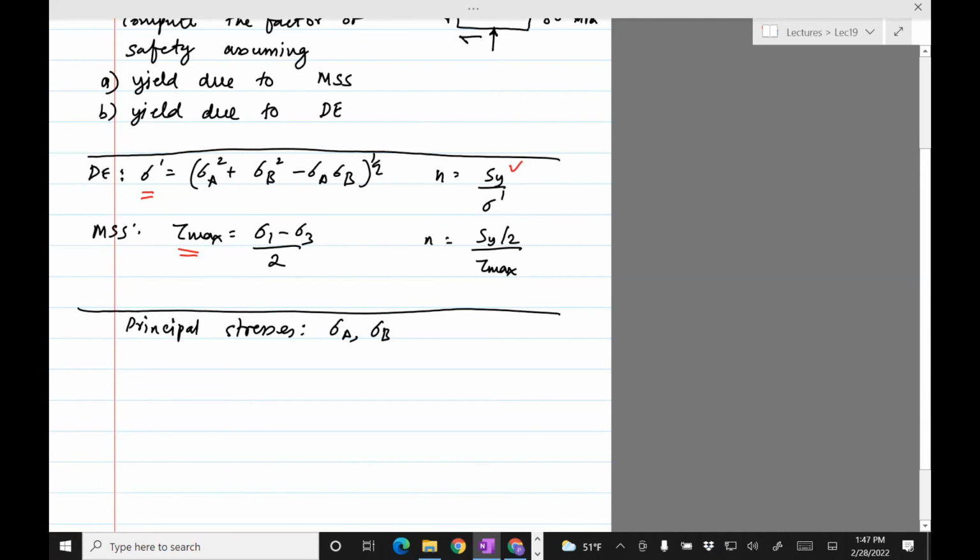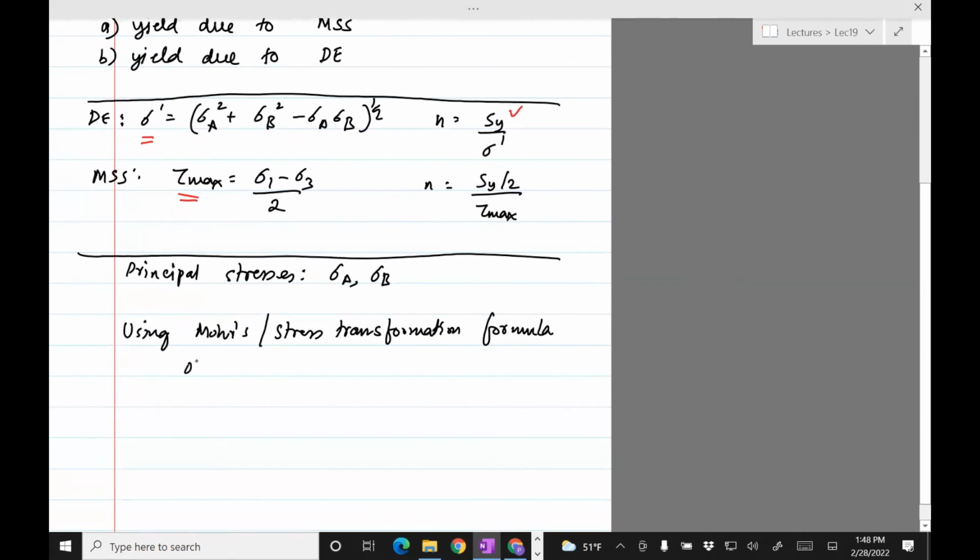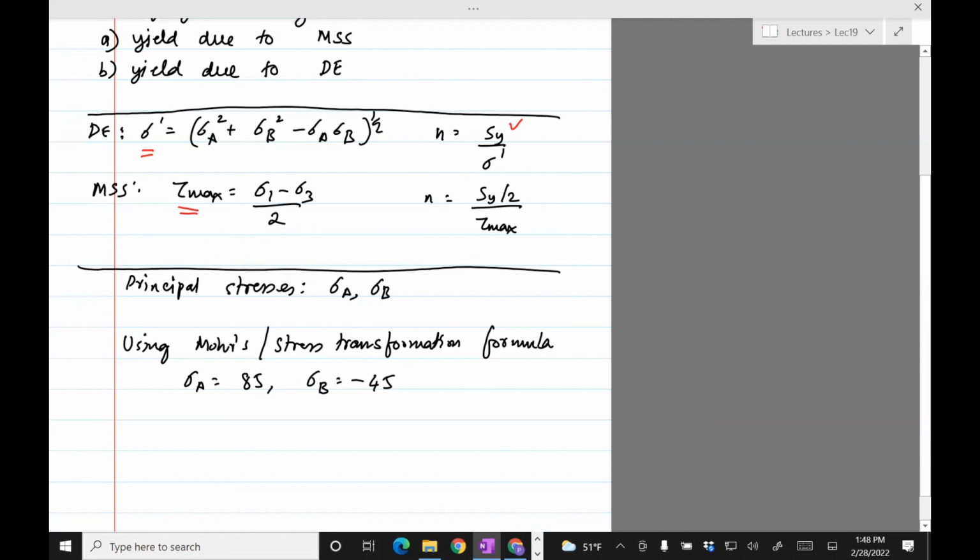You could use Mohr's circle, or you can use the principal stress equation transformations to figure out sigma A and sigma B. So using either Mohr's or the stress transformation formula, we have sigma A equals 85, sigma B equals -45. Okay, so that pretty much gives us sigma prime because it's only a function of sigma A and sigma B.